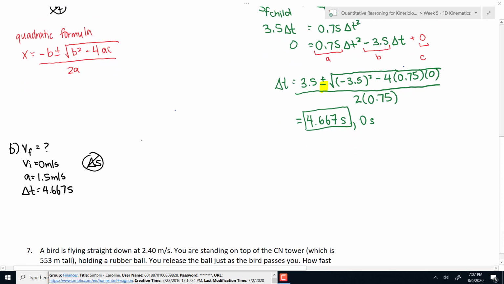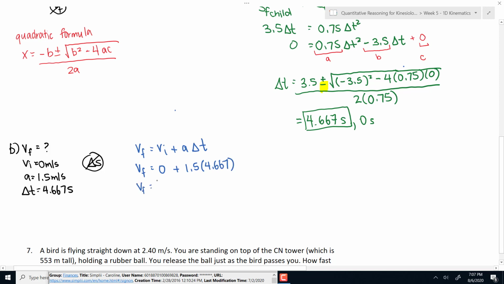Okay, so I'll write that out. vf equals vi plus a delta t. All right, we're solving for vf, so that's great. It's already isolated on the left side. vi is 0 plus a, which is 1.5, delta t, which is 4.667 seconds.